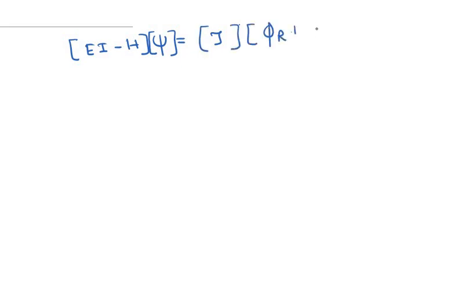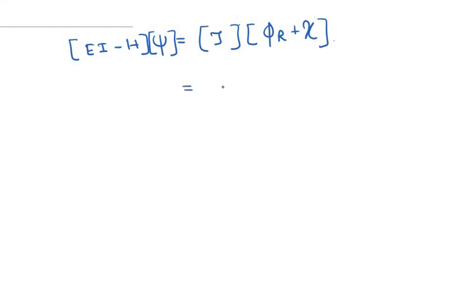So EI minus H, psi equals to tau, this is also a matrix, so I should put it in third brackets, equal to tau [phi r plus x], and x we have already got from the last equation.